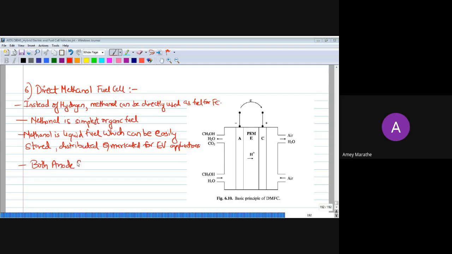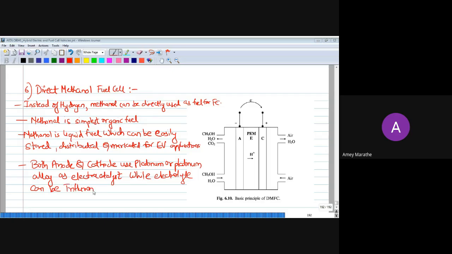Both anode and cathode use platinum or platinum alloy as electrocatalyst, while the electrolyte can be trifluoromethane sulfonic acid, or it can be the proton exchange membrane.